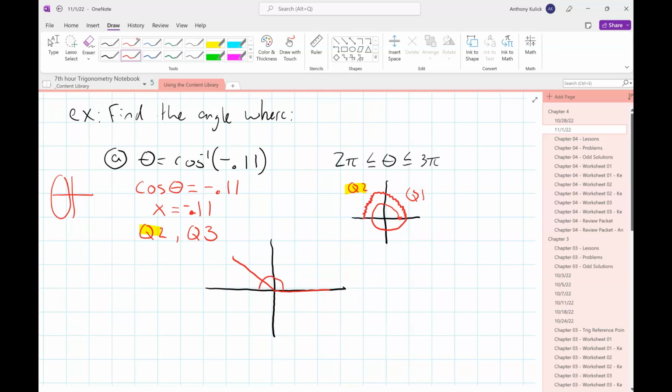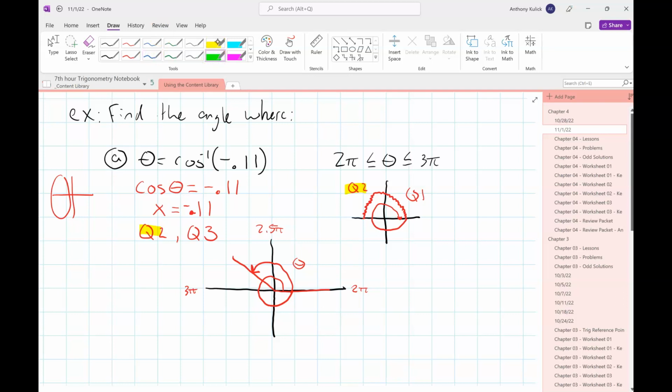So a half pi, 1 pi, 1.5 pi, 2 pi, and now when I run into my terminal side, that's where it's going to stop. So 2.5, and then my answer is there. So this was like 2 pi over here. This was like 2.5. This would be like 3 pi over there. Is everybody okay with how I drew the picture? Okay.